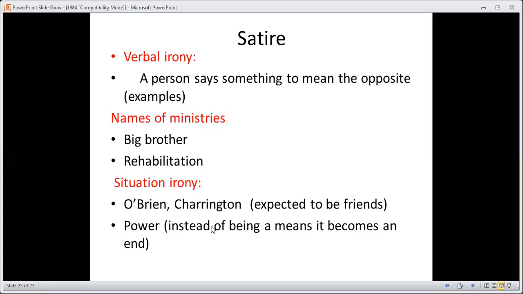The most important thing is power in order to dominate, in order to have more and more power. So instead of being a means, it becomes an end, which is ironic. And this is what we mean by situational irony: a situation expected to end somehow, but it ends in the opposite.